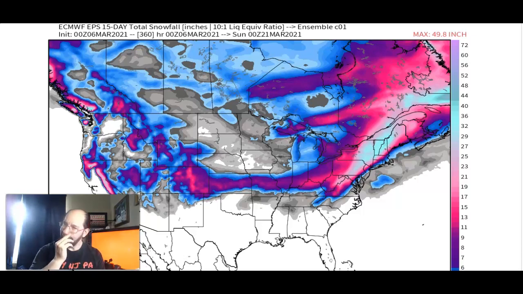And even then, here's a good way of saying it. You could say, hey, look, the HRRR, which is a mesoscale model, is showing this impressive mesoscale banding, this heavy snow band. It may not be accurate, but this gives us the potential of what this snow band can do.